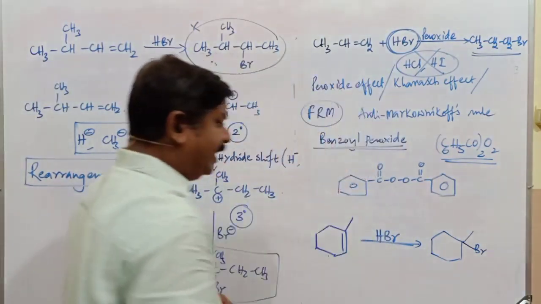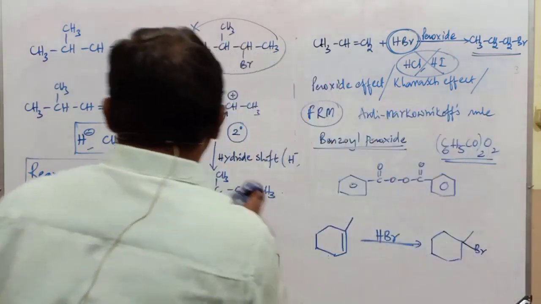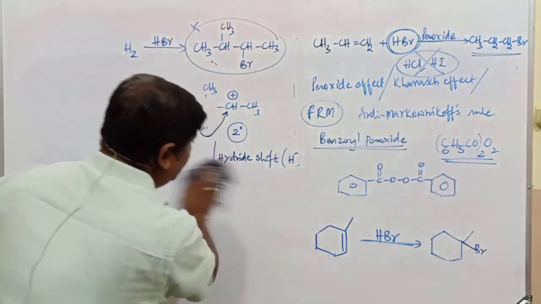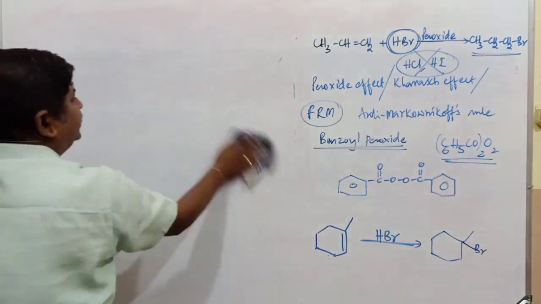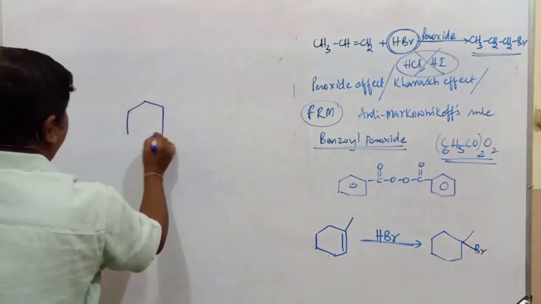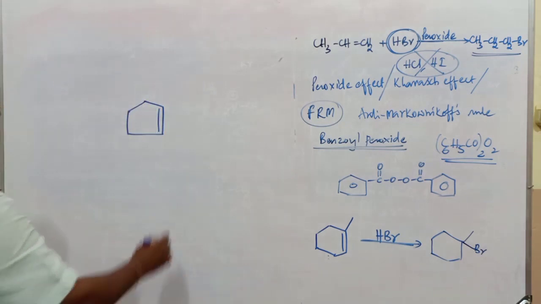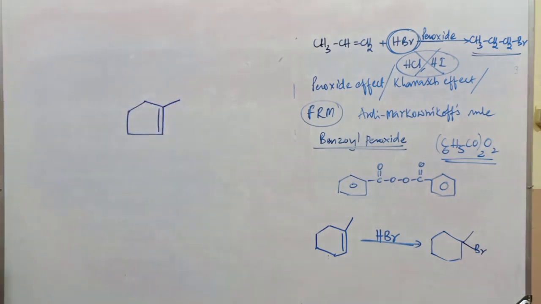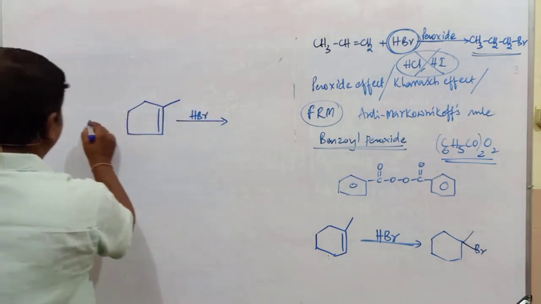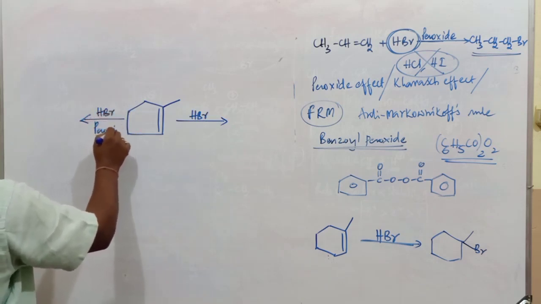Suppose when the same reaction is carried out in presence of peroxide, the product is going to be different. So I'll mention some examples here of how to get different products with different reagents. One simple example: if I start with this molecule, a methyl cyclopentene compound, and it is treated with HBr, but in presence of peroxide.